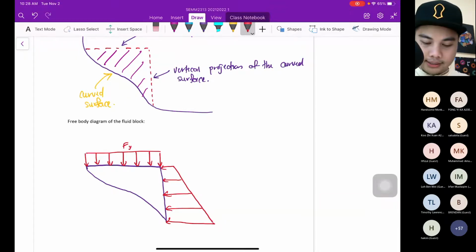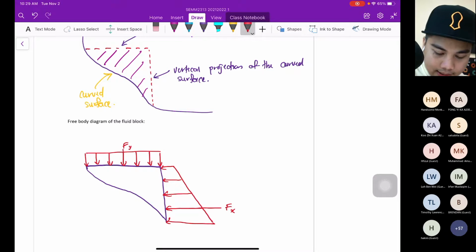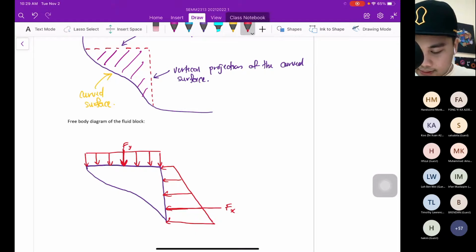So we call as this one. Definitely will have the resultant at here. We call as the Fx. This is resultant basically at the center. And then this is the resultant in terms of x.